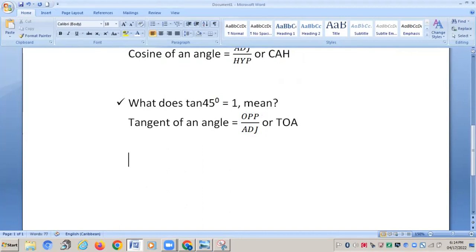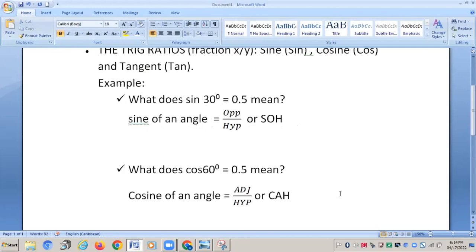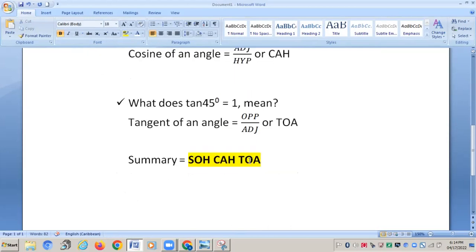All right, and then go back a bit when you finish, for the summary. So SOH CAH TOA is the acronym you can use, for short, to remember all of them. Even though these formulas are actually given in the exam.